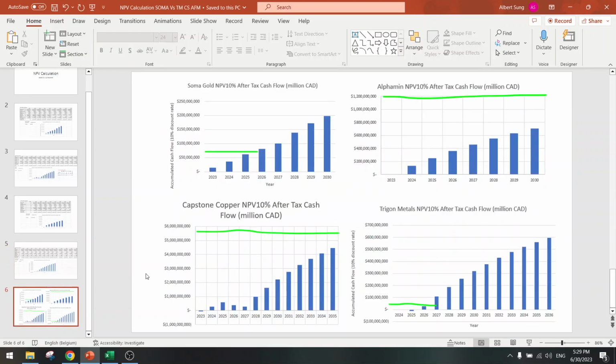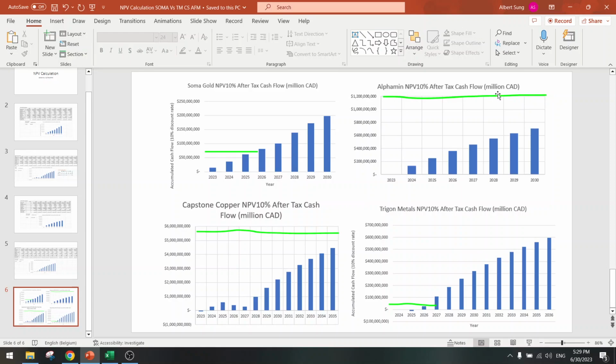Okay, so here we have the 4 comparisons. We have Soma Gold here. We will reach the enterprise value in 2026, 2025. So just wait a few years and then we can start moving up. Market can anticipate it earlier on, but I think in a year or so we will see the fruits of this.